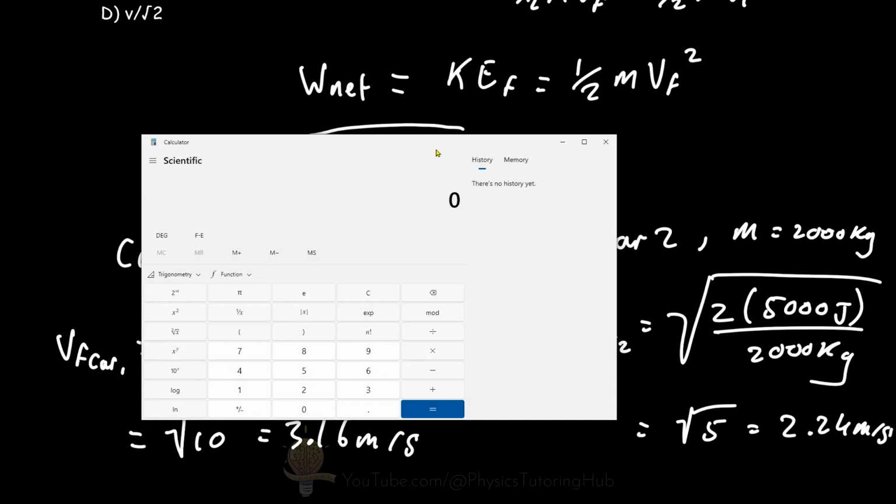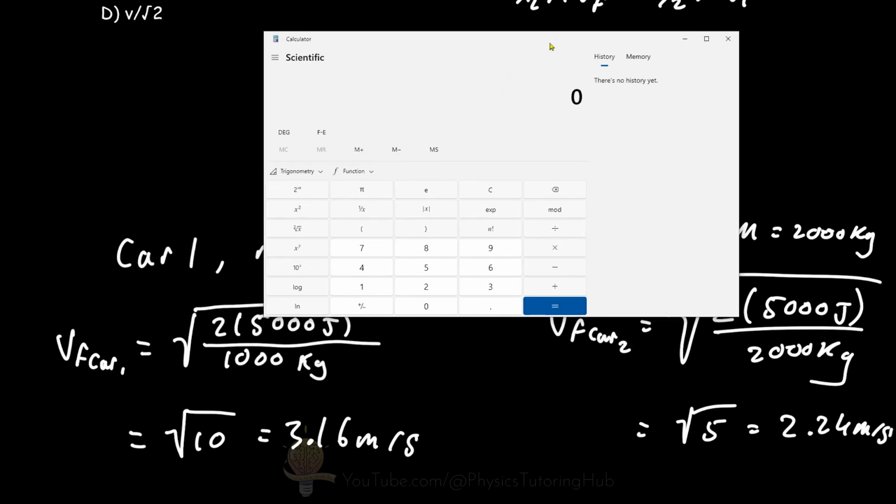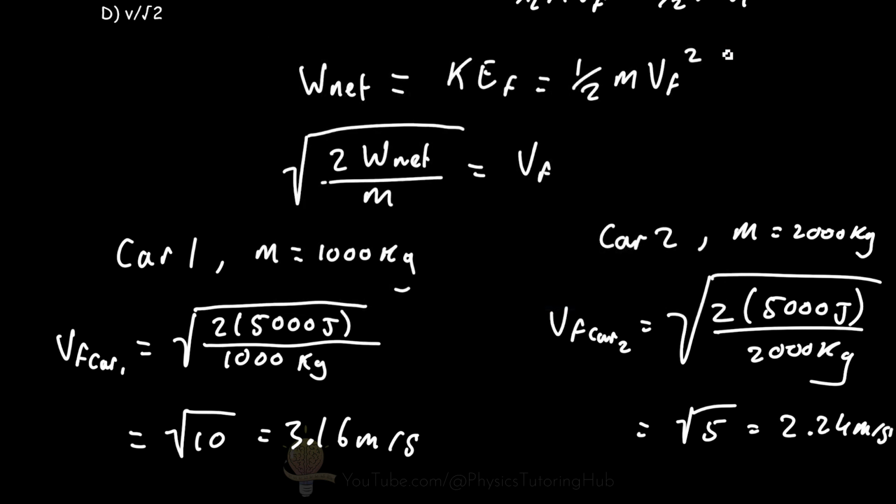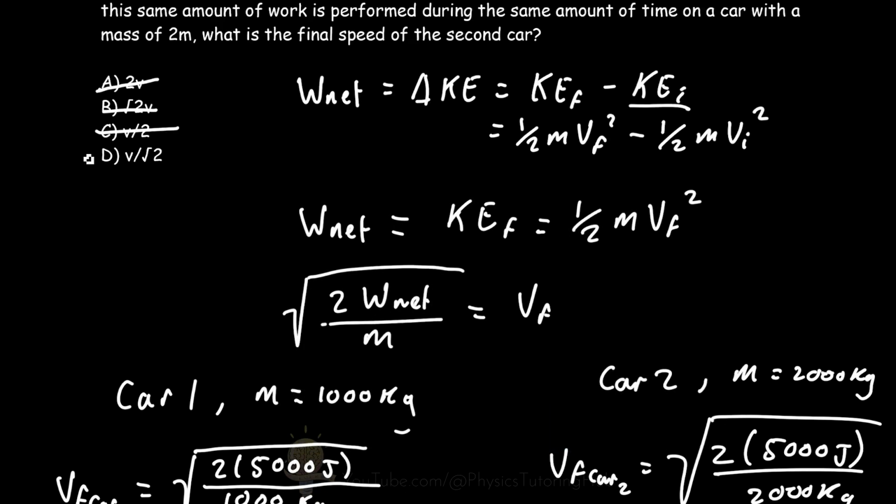Let's plug this into our calculator. So we got the final speed of the first car at 3.16, and we're dividing by root 2. And that gives us a value of 2.2344, which is very close to this value here. So our correct answer is D.